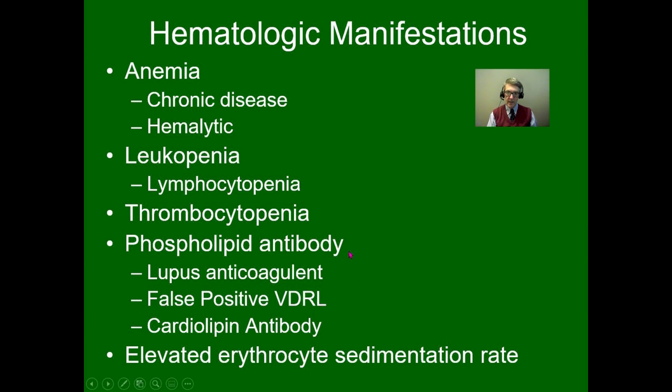Again, these actually cause a hypercoagulability. The patients tend to have clots more easily, can have deep venous thrombosis, strokes, and what we call fetal wastage or miscarriages. As with rheumatoid arthritis, there can be an elevation of the sedimentation rate associated with the inflammation that we're seeing.